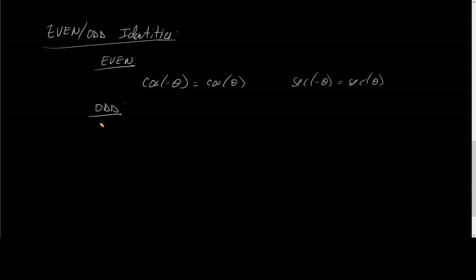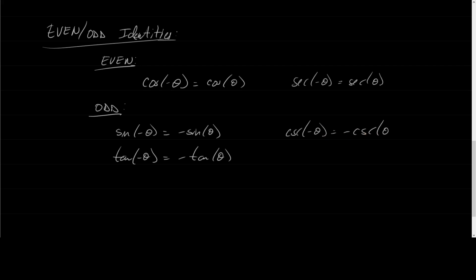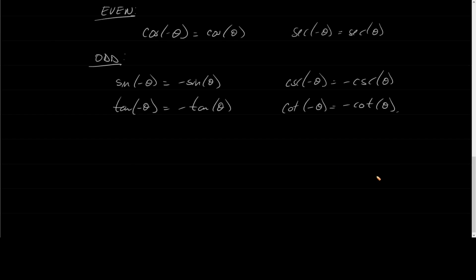The rest are odd functions. In other words, sine of negative theta is negative sine theta. Tangent of negative theta is negative tan theta. Cosecant of negative theta is negative cosecant theta. And cotangent of negative theta is negative cotangent theta. All right, so those are the even and odd identities for all the trig functions.